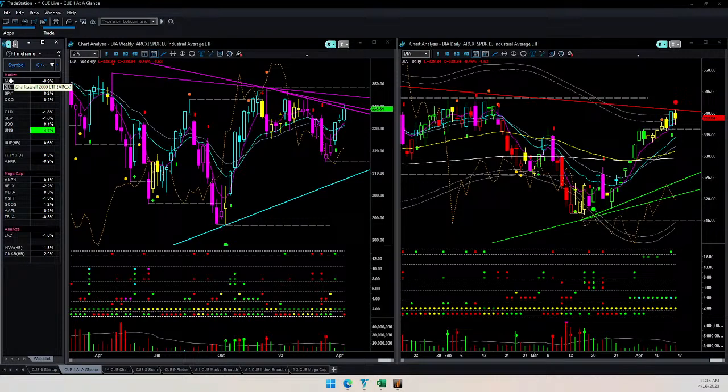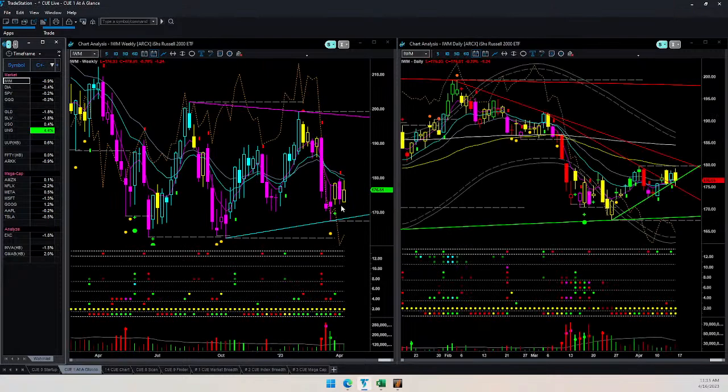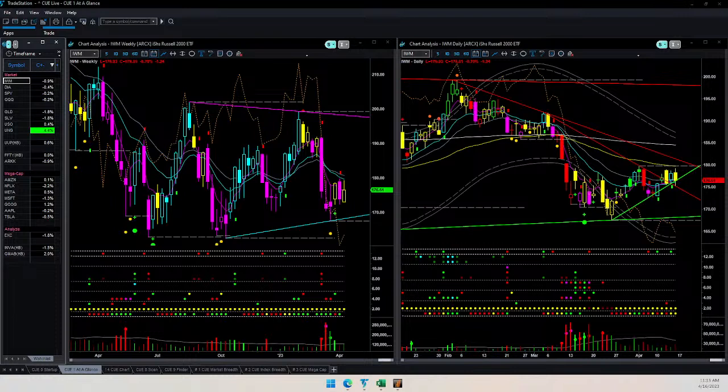And lastly, small cap ETF IWM. This is also inside a range, a wide range in weekly, daily both, and unlike the other market ETFs, it is not at the upper edge of the range, it is in the lower half of the range.